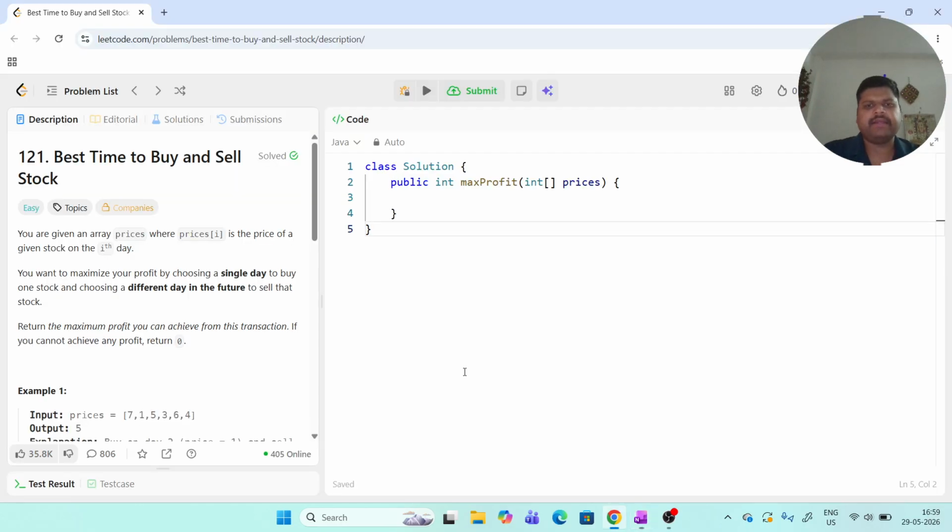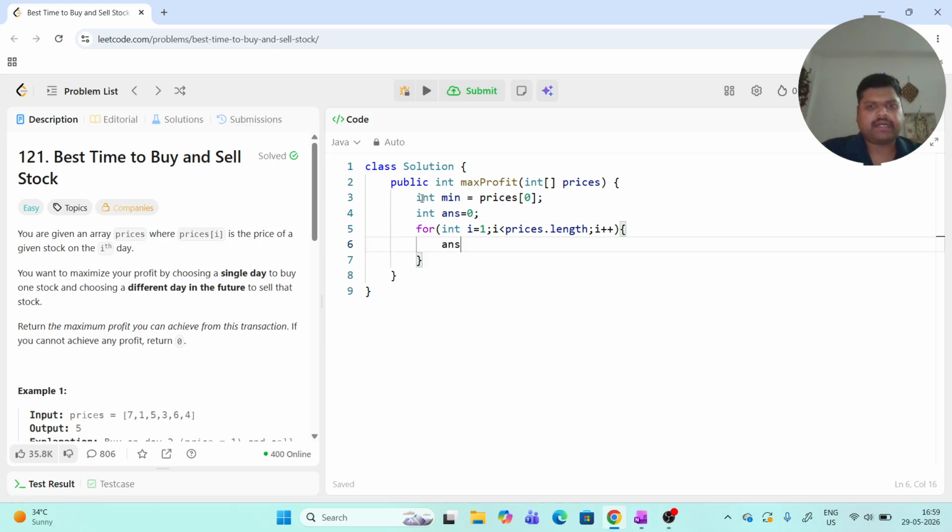Now let me write down the code for the optimal approach. Min equals to prices of 0, as we have done in our dry run. Answer equals to 0. For int i equals to 1, i less than prices.length, i plus plus.